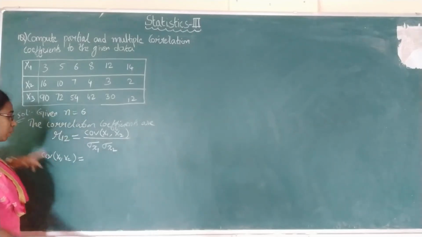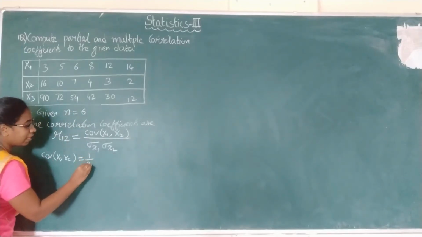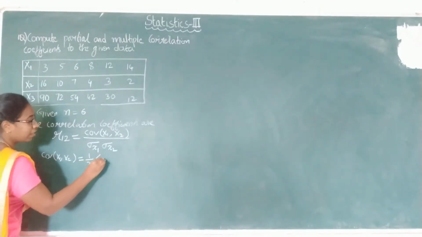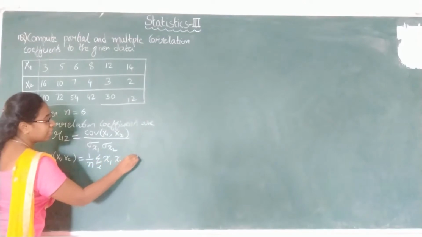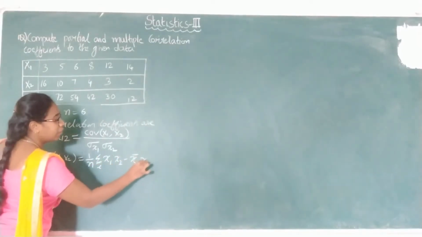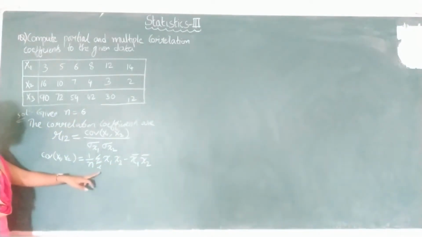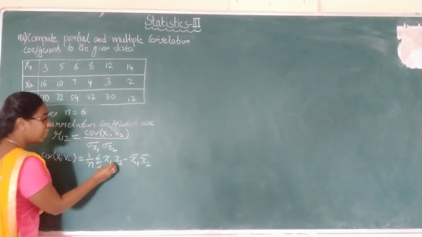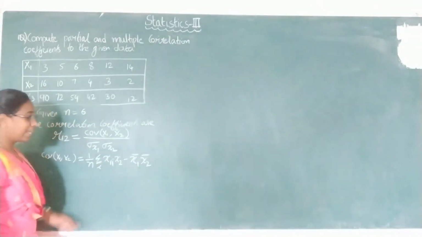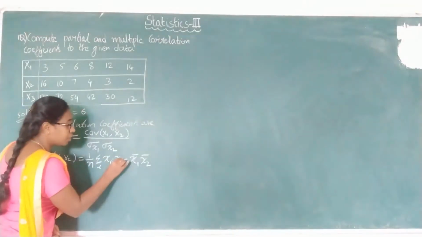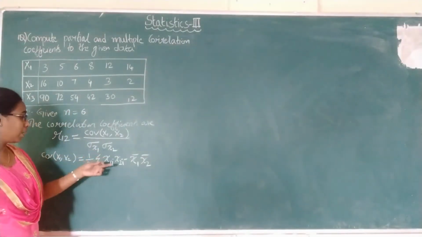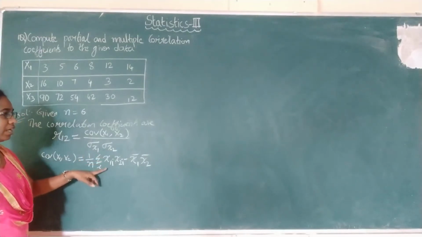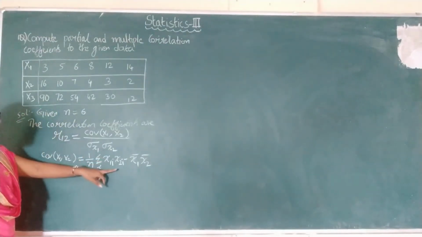Here we have x1 and x2, so 1 by n summation over i, x1 into x2, minus x1 bar into x2 bar. Since the summation ranges from 1 to n, you have to specify x1i and x2i.